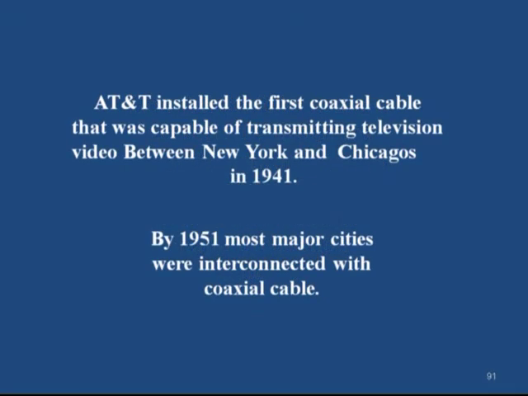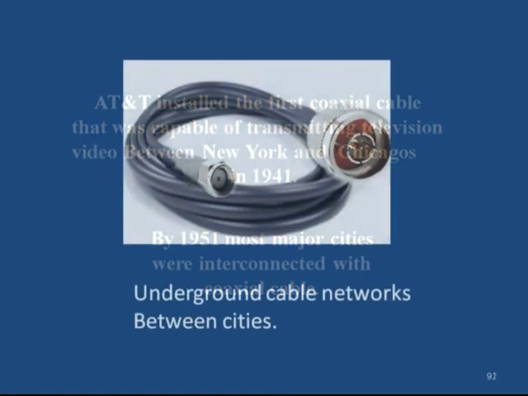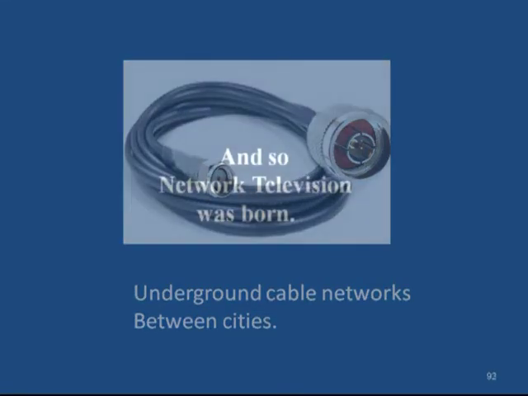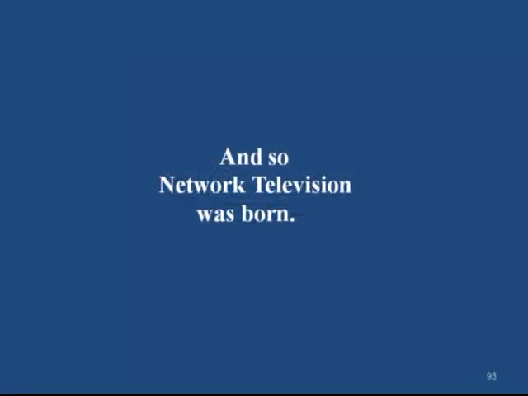AT&T installed the first coaxial cable that was capable of transmitting television video between New York and Chicago in 1941. By 1951, most major cities were interconnected with coaxial cable. And this is a typical cable that ran the length and breadth of the country. And so network television was born.